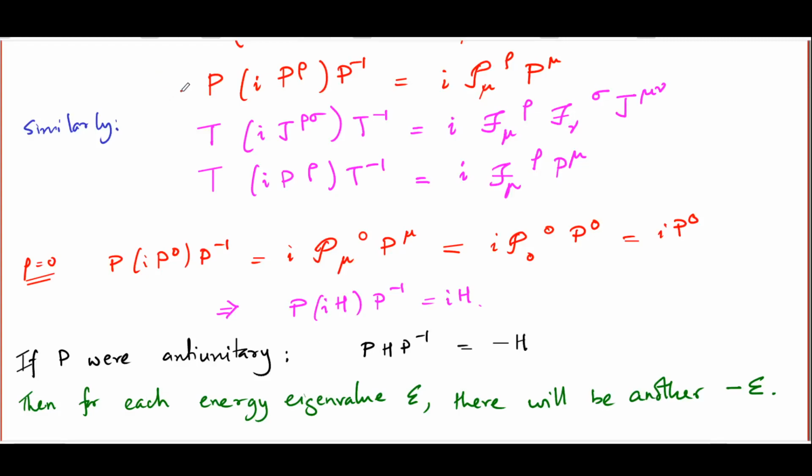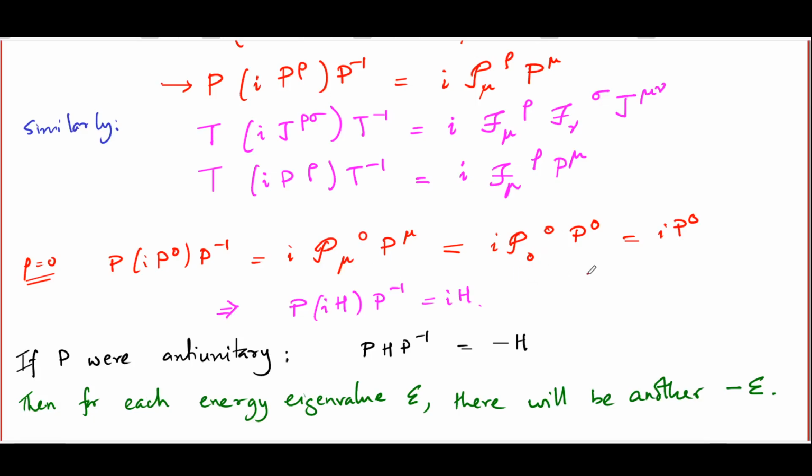To make the choice for capital P, let us start with this particular equation and look at the particular version of this equation for rho equals 0. So what we have is P0, P inverse, has to be equal to I times curly P mu 0 times capital P mu, of course summed over mu. But remember, curly P is a diagonal matrix, so the only non-zero element of the type curly P mu 0 is curly P 0 0.